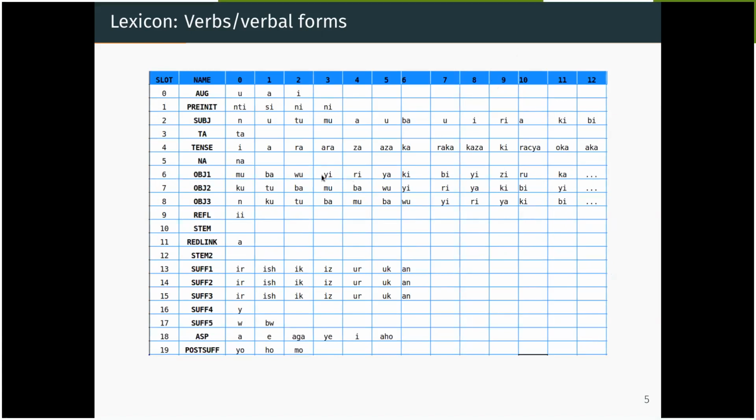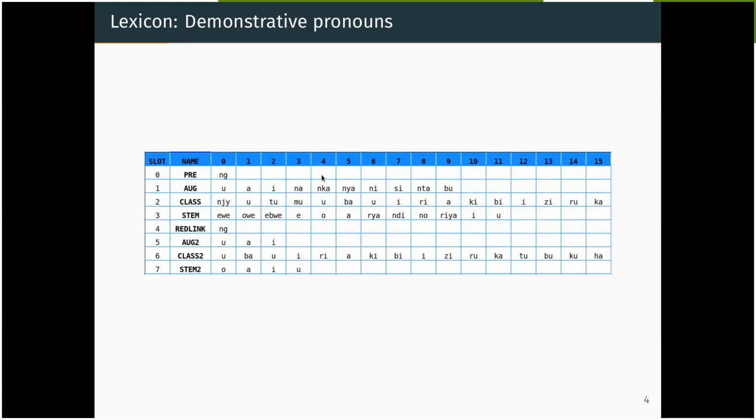Okay, so that's the lexicon for demonstratives. I'm not going to show all of the tables because that will be too boring. I will do the exercise of running the actual morphological analysis, and you see them coming out live.